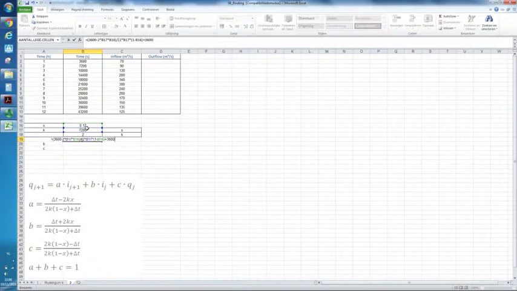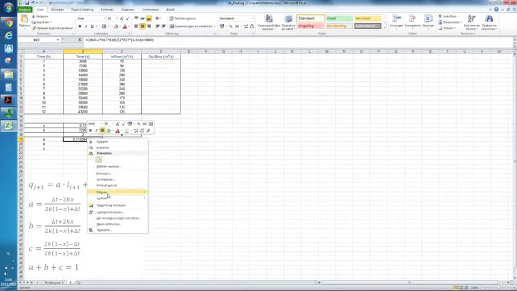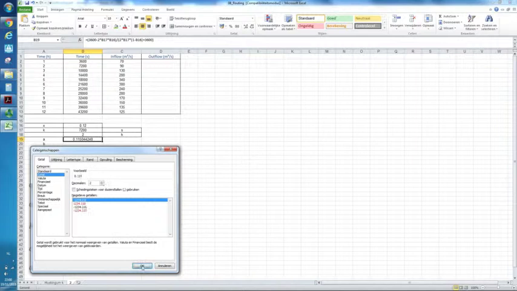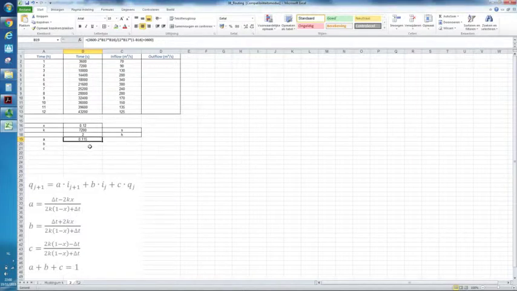And we still need to close this bracket. That would be our A value. Let's make this a little bit cleaner. Like this. 3 digits is sufficient.